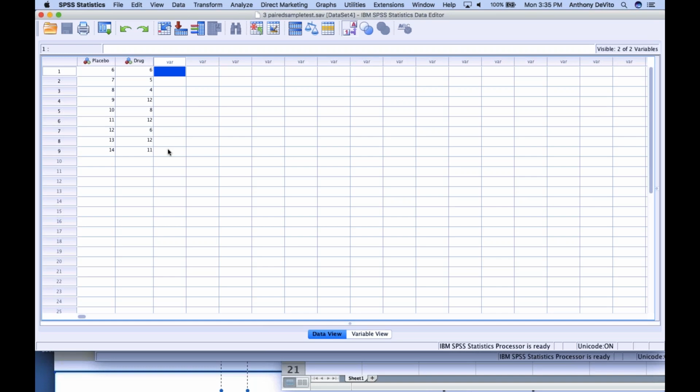We want to know if we can say with 95% certainty that the drug made a difference. So we want to prove that the average difference is really different than 0. When you're doing a paired sample t-test, you're subtracting the values from each other, getting a single column, and then comparing it to no difference.